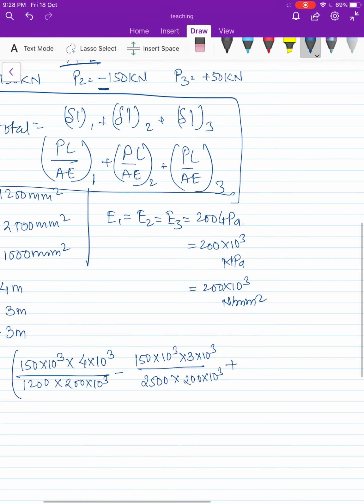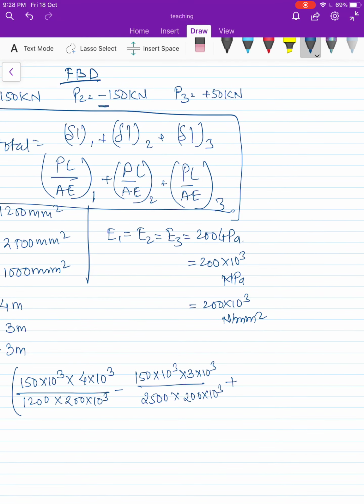Plus, for the third bar the force is of tensile nature, so there will be a plus sign. Length is 3 meter, area is 1000 mm square, E is 200 into 10 cube.